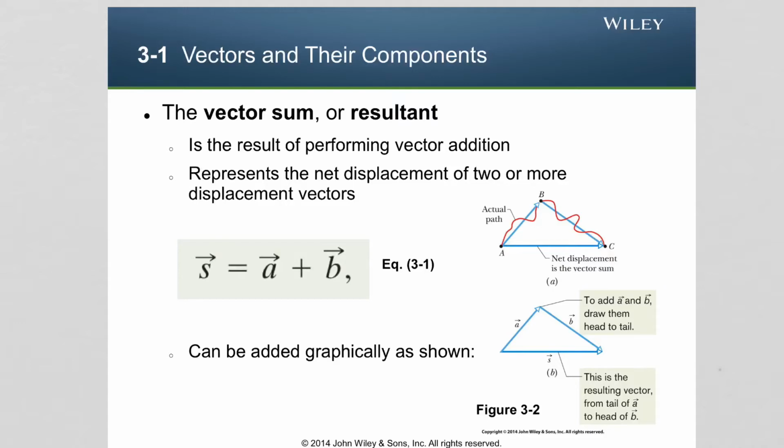And so here we have vectors A and B added together to give us the resultant vector S. Here the notation is a letter is used to label the vector quantity, and then an arrow above the letter indicates that that is a vector quantity.